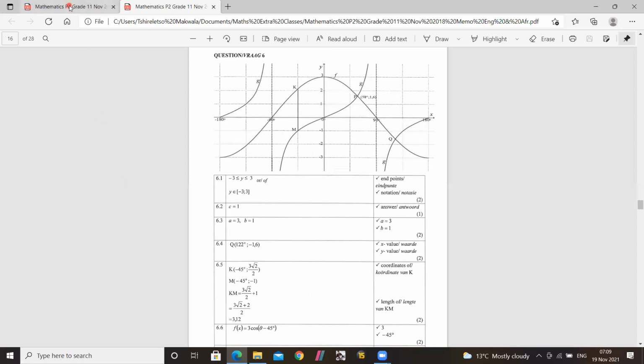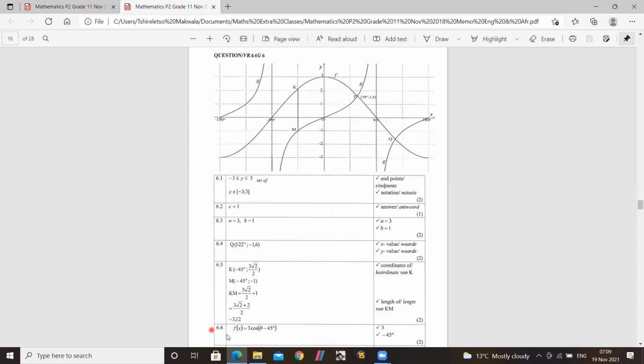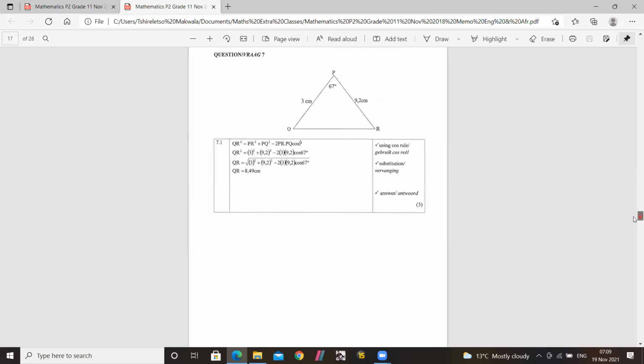Let's see, why did they minus 45? So shift to the left. I'll have to research this one. I'll get back with the answer after. I'm not sure, guys, about this negative 45 here.